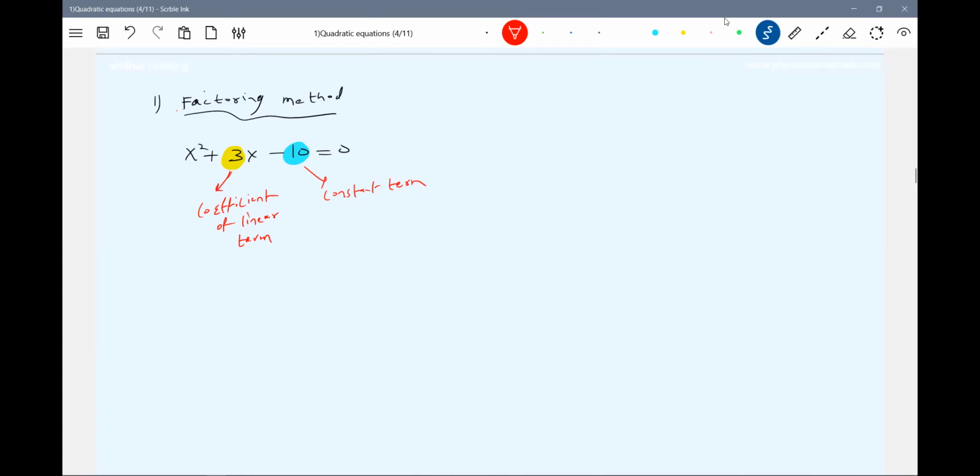We have to find two numbers by trial and error method.